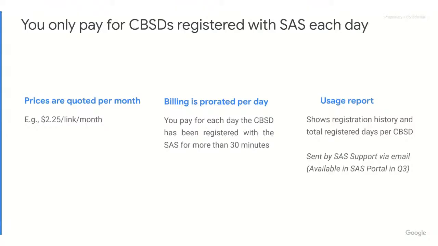I want to go back and mention something that I forgot to mention before. I mentioned that the fixed wireless pricing is $2.25. Everything else is in your contract. And if you want to talk with us, there's two email addresses. I gave you the first, which is sas-support@google.com.